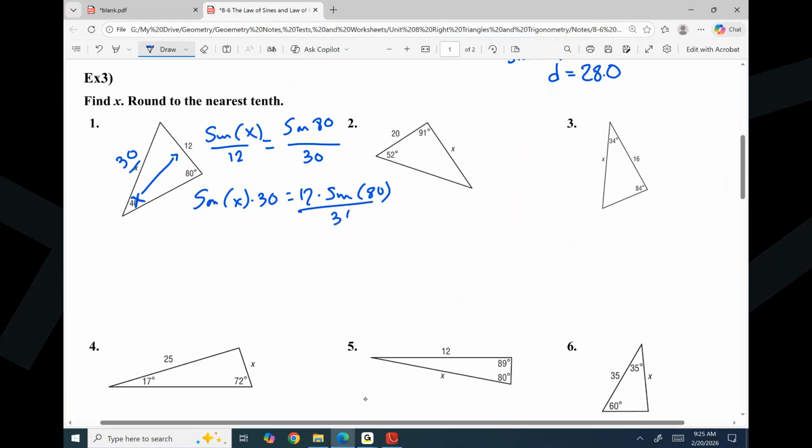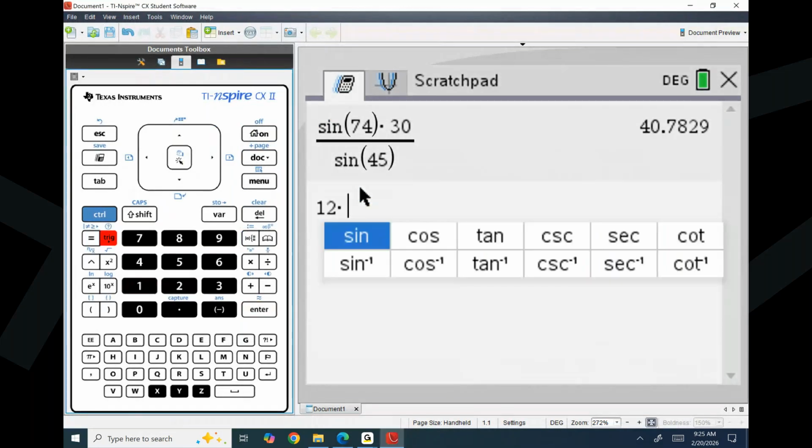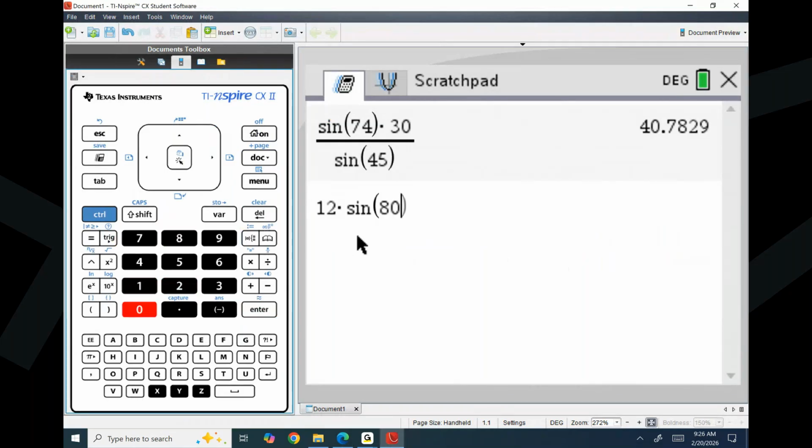So we're going to divide that by 30, right? And that one we're going to have to figure out what it is. So that one I would actually do. But 12 times the sine of 80, all divided by 30.